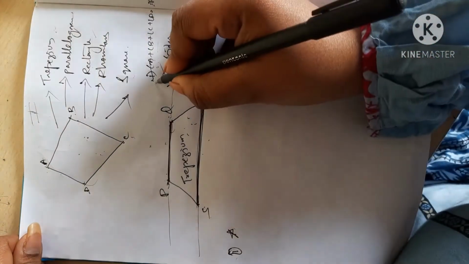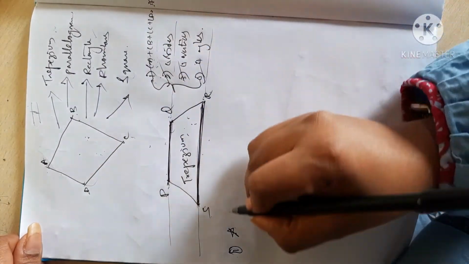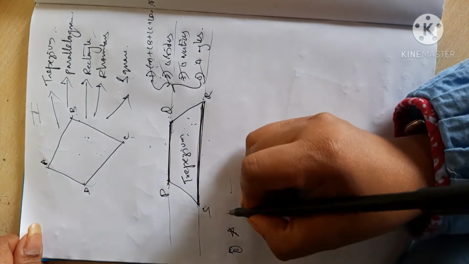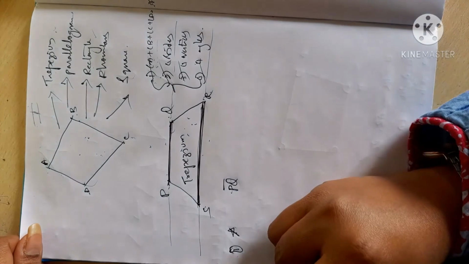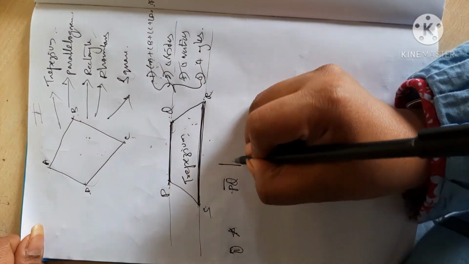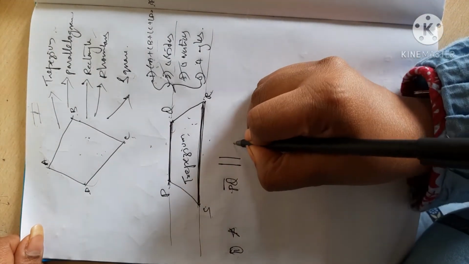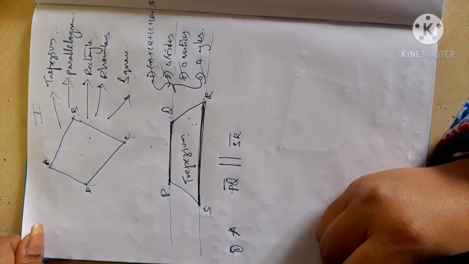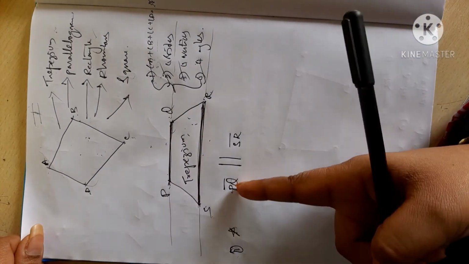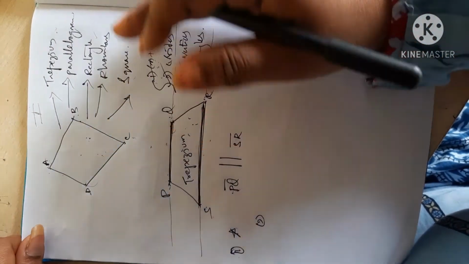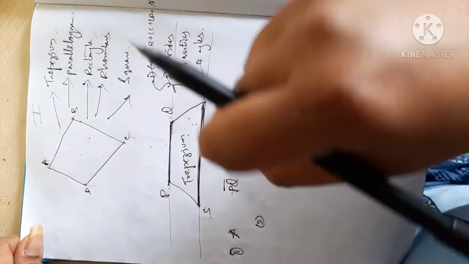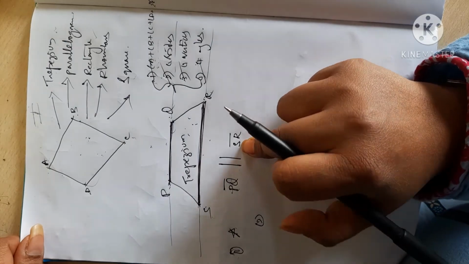Now including all these points, the extra point this trapezium is going to have is that line segment PQ is parallel to SR. First point. Now second point, including all these 4 points, one extra point it is going to have. What is that?